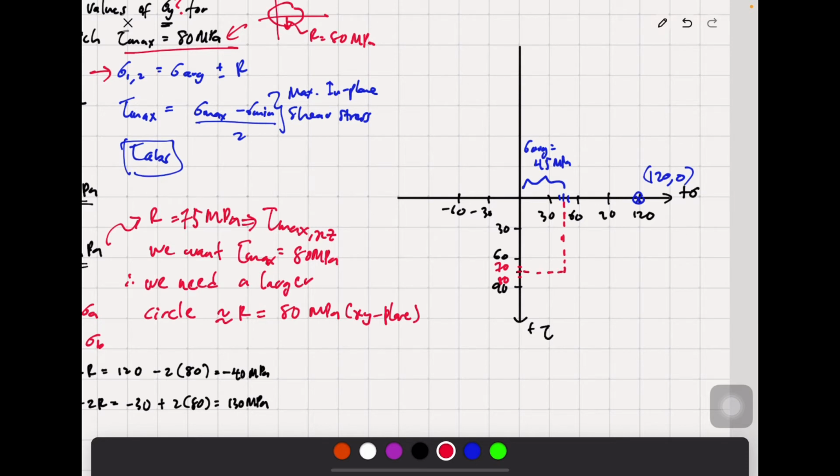We pretty much have the answer from our calculation. So I'm going to draw out of this 45 megapascal, the sigma average that we have. So we have the circle out of this point, right?